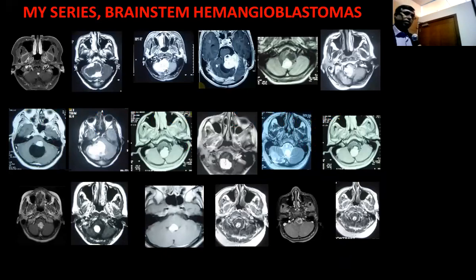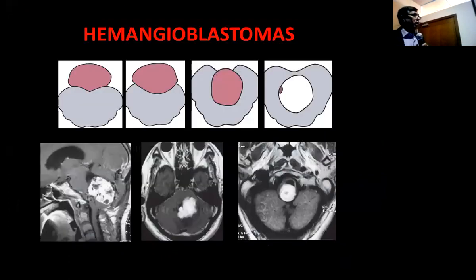The notion that hemangioblastoma is a cystic lesion with a nodule is no more. Hemangioblastoma could be totally solid without any cyst. They could be just sitting on the surface of the brainstem or embedding itself, or it could be totally intrinsic. This is totally solid, no cyst in it.